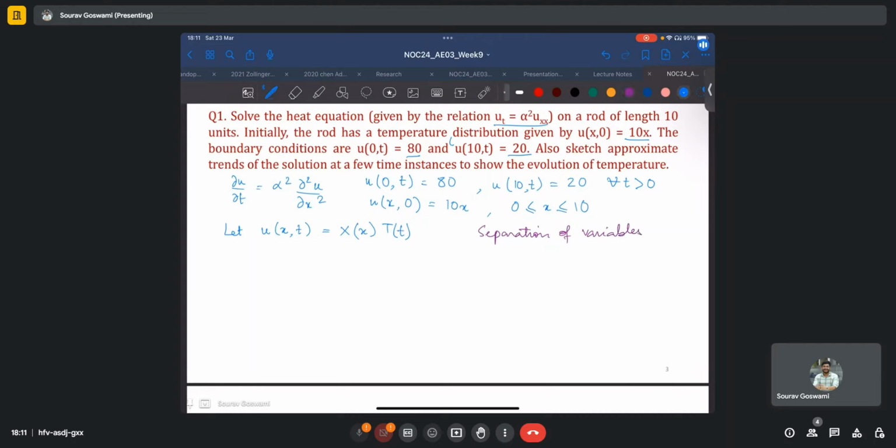And if we apply the boundary conditions to it, so say here u at 0 comma t is 80, this would imply that X at 0 and T at time t is 80, which would imply that at any time t, the function T is equal to 80 by X at 0.